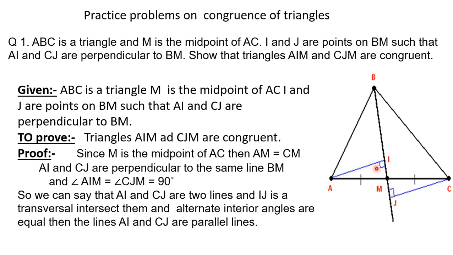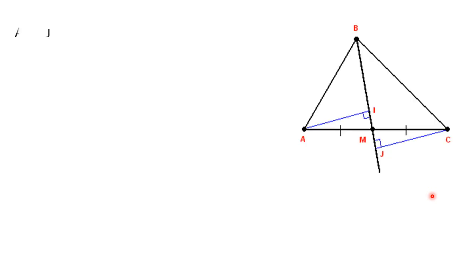We know that if two lines are there and a transversal intersects them, and the alternate interior angles so formed are equal, then the lines are parallel. So here we can say AI is parallel to CJ.